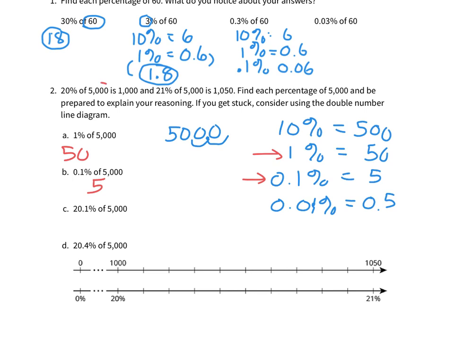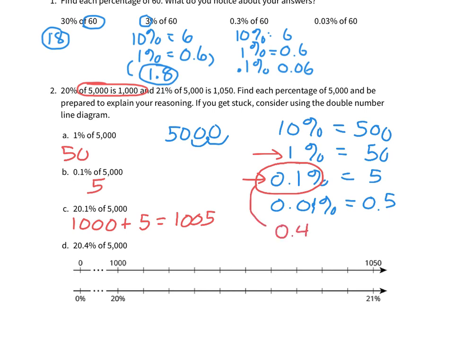20.1%. Well, they told me 20% of 5,000 is 1,000. So 1,000 plus that 0.1% would be 1,005. 20.4%. Well, let's see. If 0.1% is 5, to get to 0.4%, I would multiply by 4. 5 times 4 would be 20.